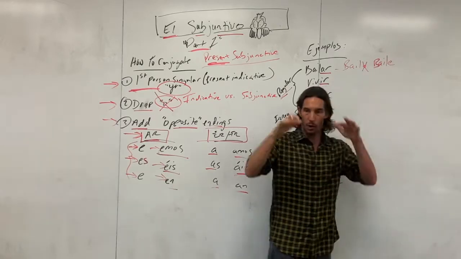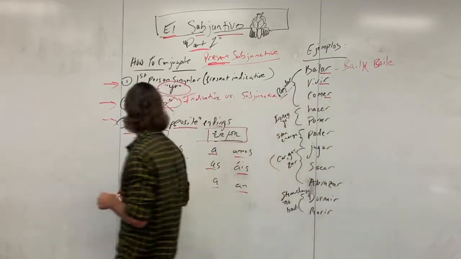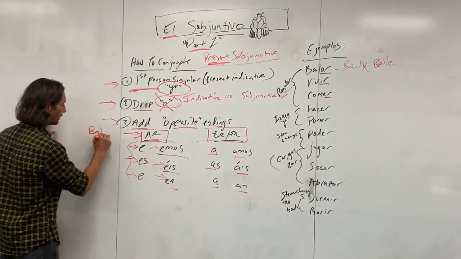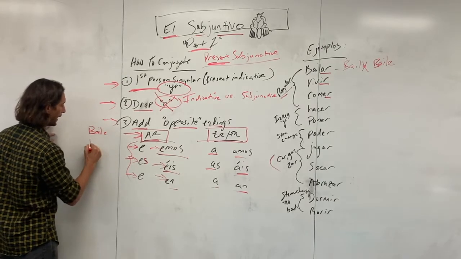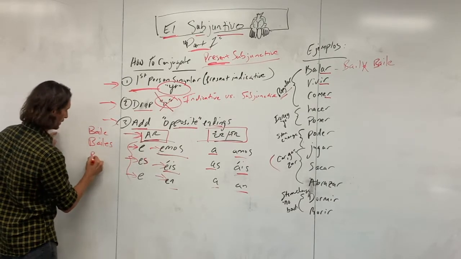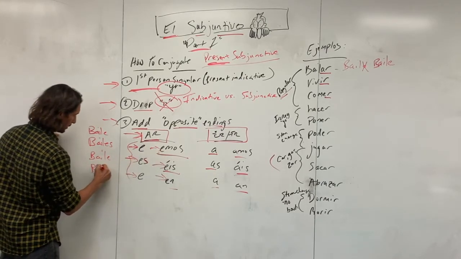Now, then you would run through all of the conjugations that you see here. And I'll just write it here just so you can see what I'm talking about. So you do, let's spell that right. Baile, try to spell this right. Bailes, baile, right? And then we're over here.